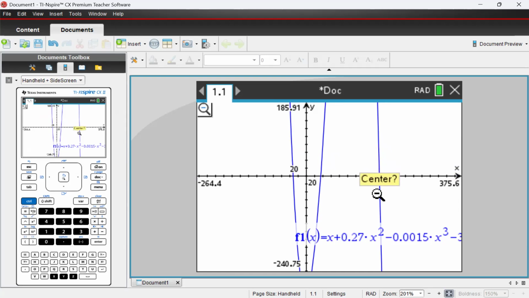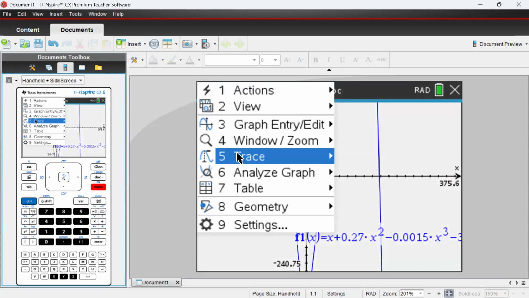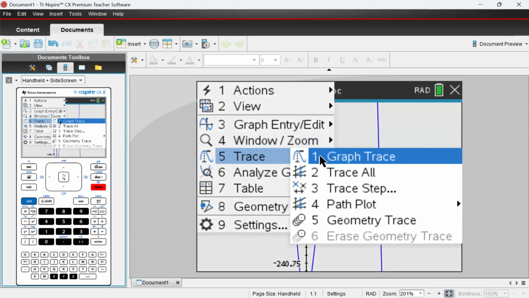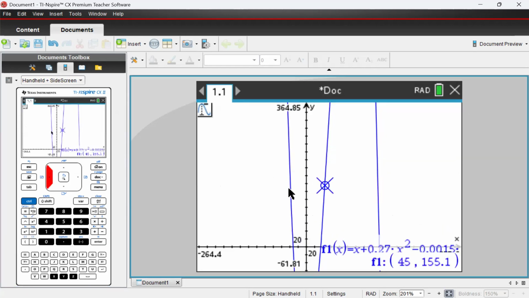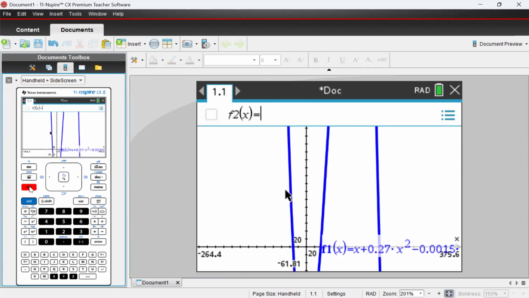So to do that, I can do menu, trace, graph trace, and I'm curious what these values are. So I get 35. So I have to sell 35 phones. Let me double check that I used the right equation.